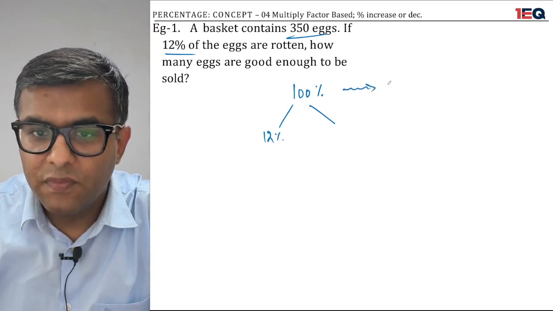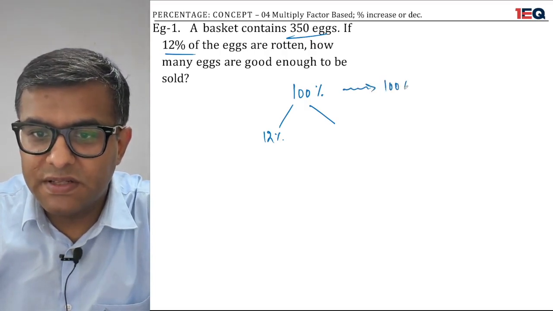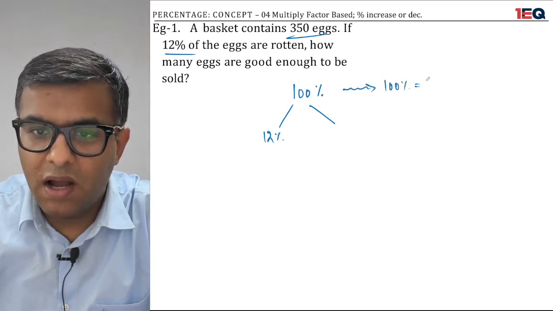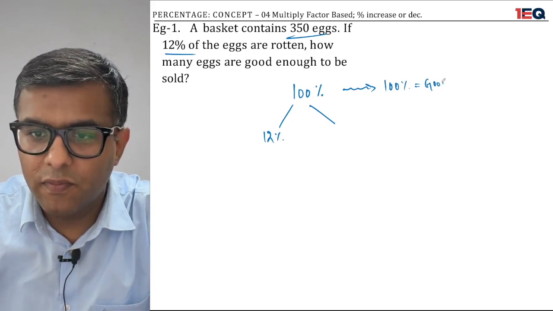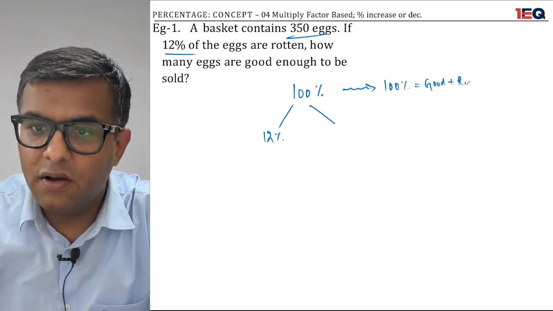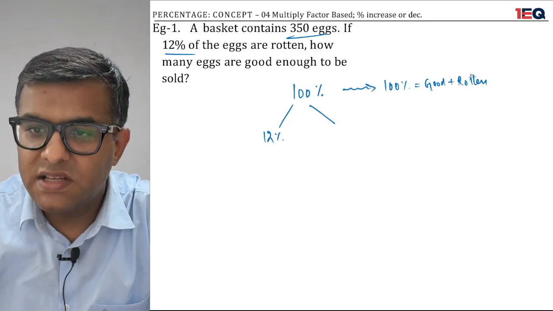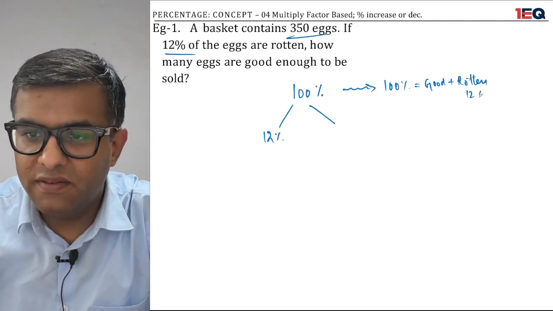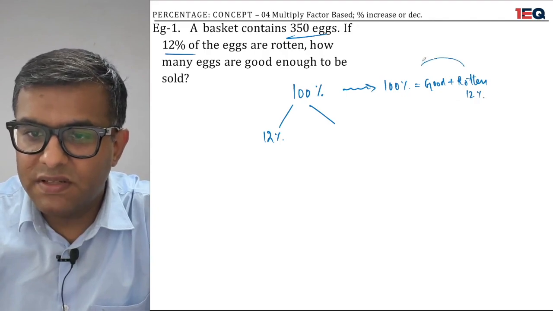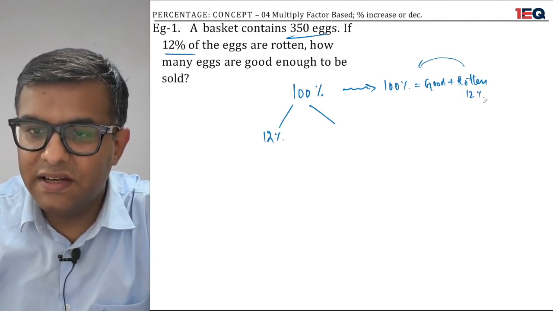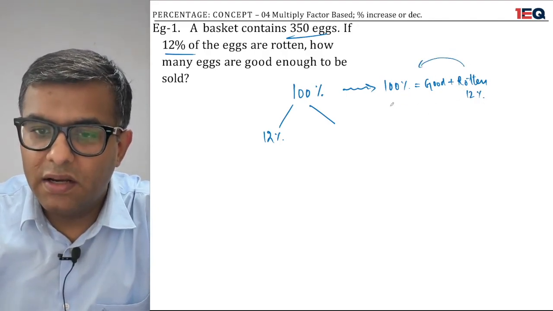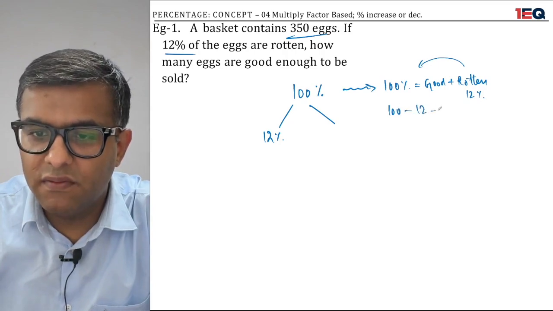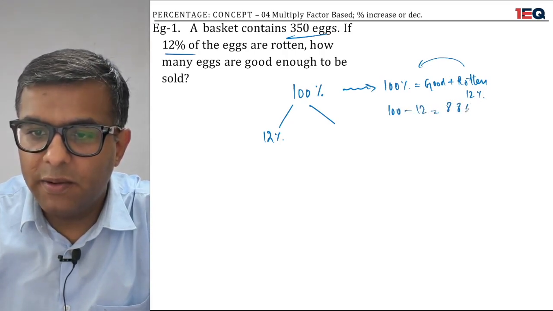In this manner, I have a full set of 100%, and some of them are good eggs plus some of them are rotten eggs. So if rotten is equal to 12%, and I take this 12% on the other side, the plus sign changes to minus sign, and 100 minus 12 would give me 88%.